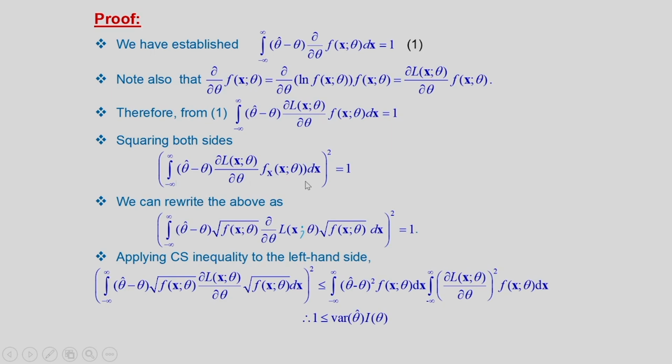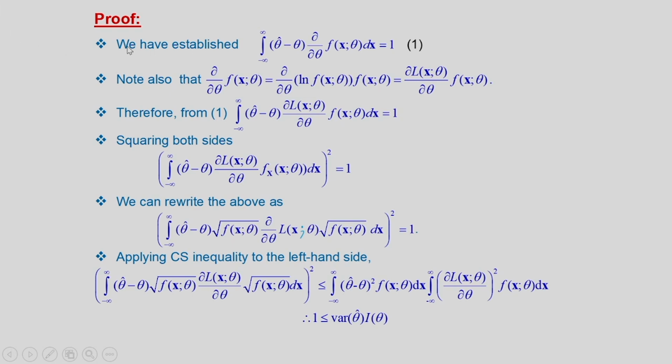So, this expression is rewritten as the integration from minus infinity to infinity of (theta hat minus theta) into root over f(x, theta) into del del theta of l(x, theta) into root over f(x, theta) dx, whole square, is equal to 1.